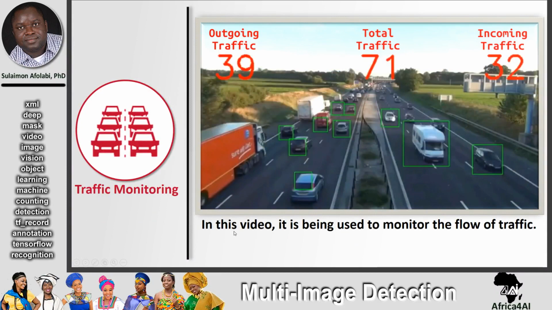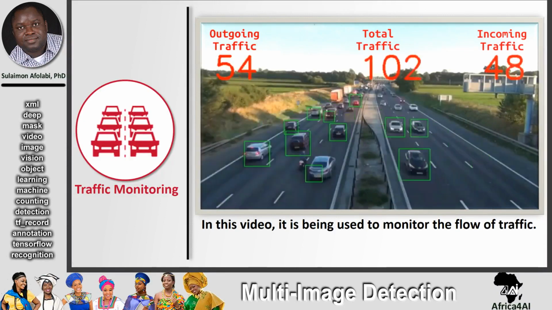Another is for traffic monitoring and the flow of traffic, and this is something very essential that we need in Africa. With this, you can direct people in real time on where to go, so that they will not get into traffic.